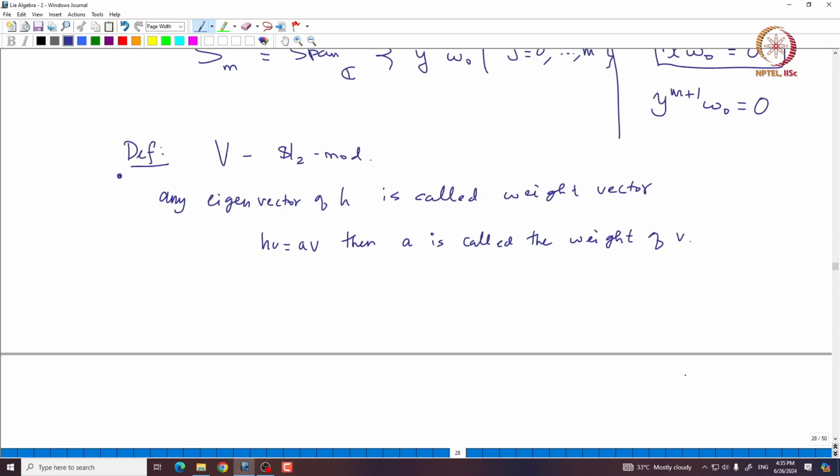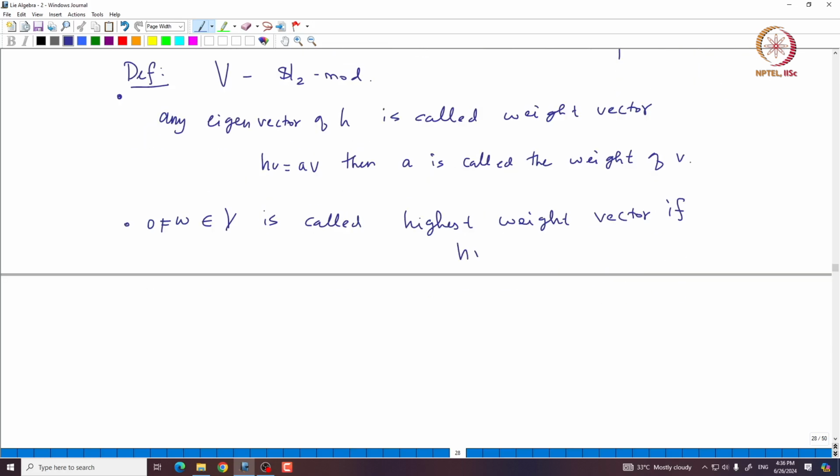A non-zero vector v in capital V is called a highest weight vector of weight A, for some A in C, if whenever you apply H it gives you some A times v.